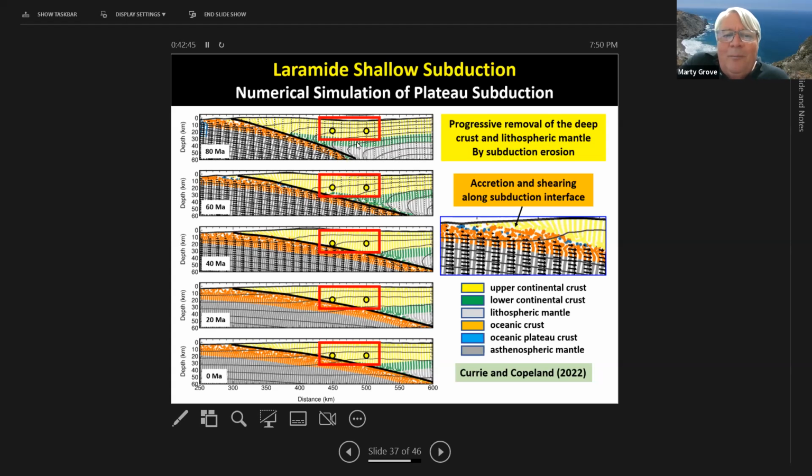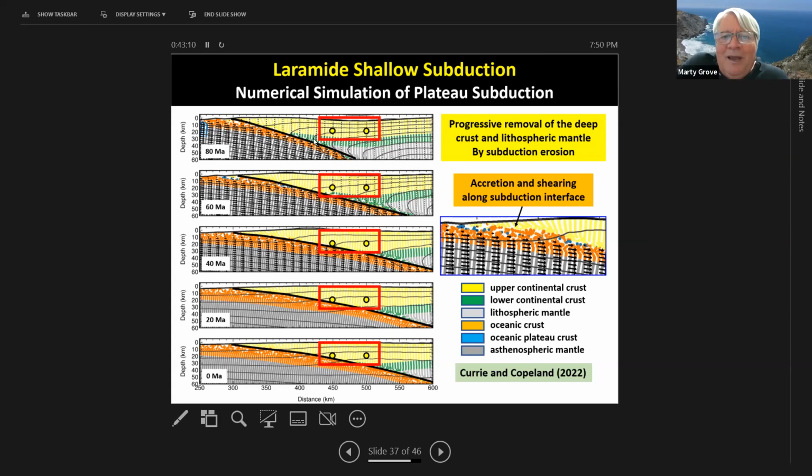And so as we go from 80 million years down to 40 million years, which is approximately the duration of the Laramide orogeny, what you see in these calculations, which allow the rocks to deform, it's a plastic deformation, Arrhenius type scaling for the mechanical properties of the rocks here.